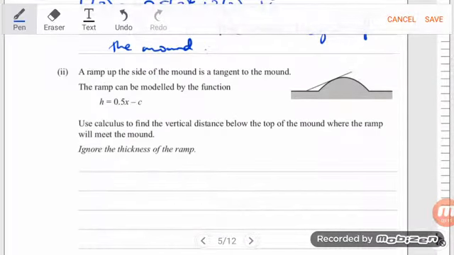Okay. A ramp is up the side of the mound. Sorry, the side of the mound is a tangent to the mound. So it's linear, like all tangents. The ramp can be modelled by this function. Okay, so that's the ramp. Use calculus to find the vertical distance below the top of the mound where the ramp will meet the mound.